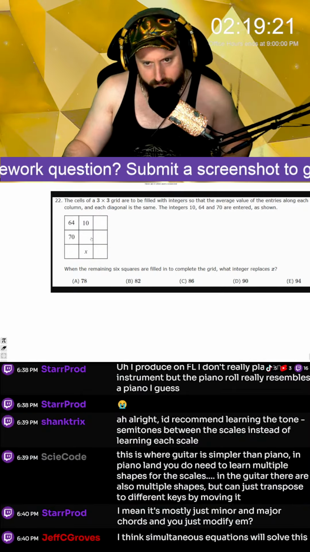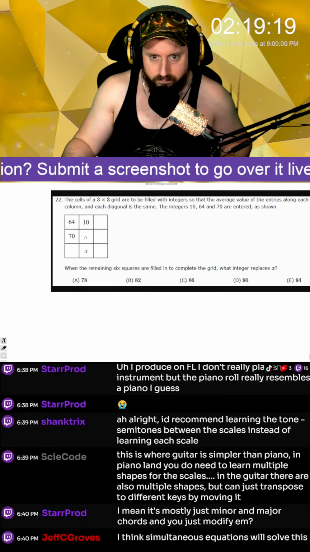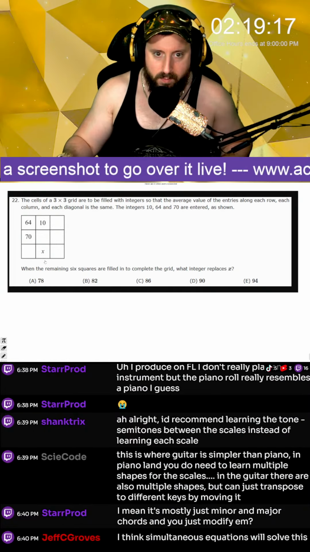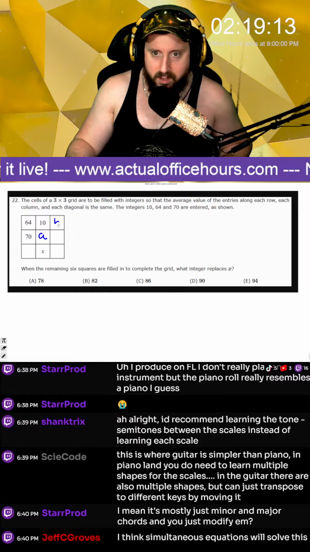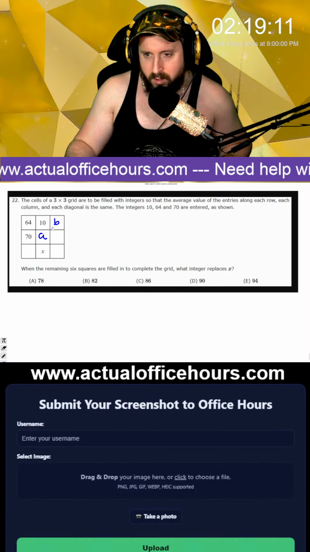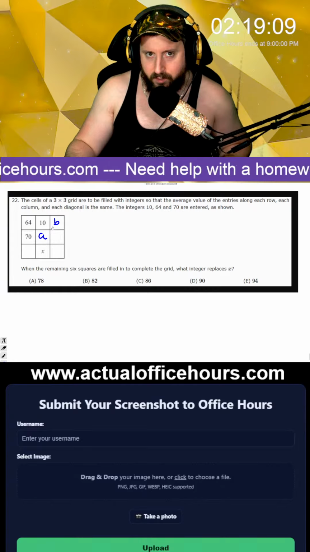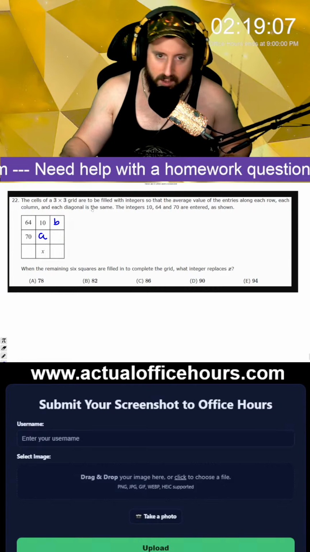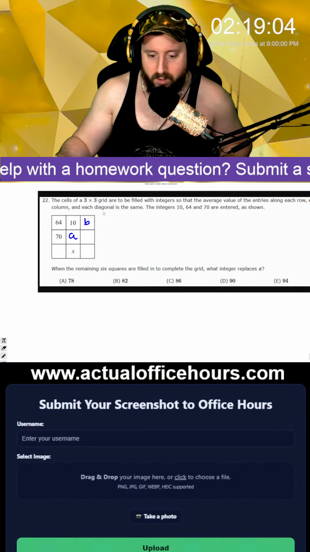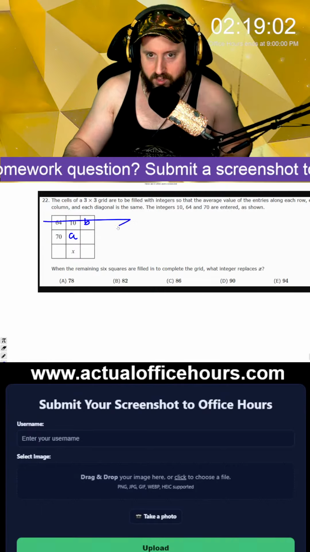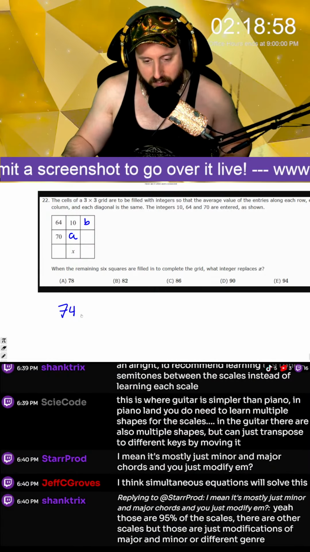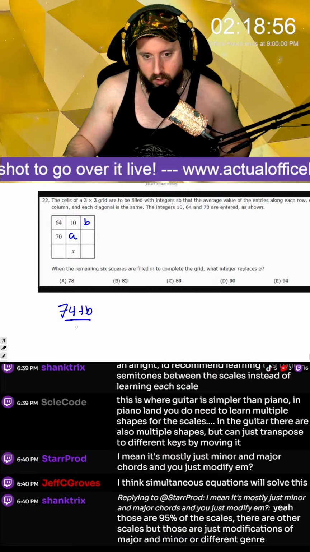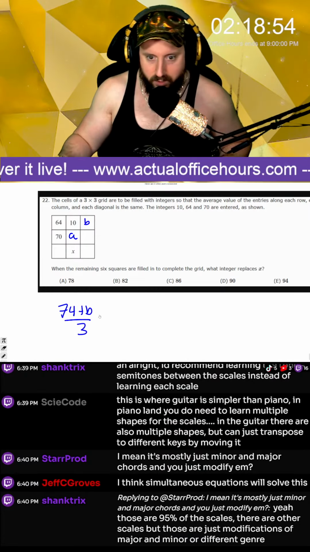Right? Let's see. I'm thinking if I have A and B, and also do the integers all have to be different? Yeah, I think simultaneous equations will solve it. Exactly right. So the average this way, which would be 74, so 64 plus 10 plus B, so 74 plus B all over 3, that's one average, right?